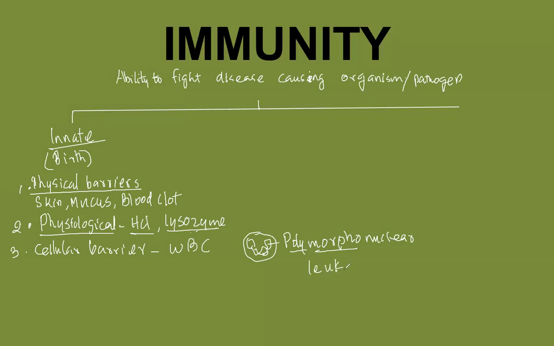What's the meaning of leukocytes? White blood cells. Poly means many. Morphologically, there are many lobes in the nucleus. So it's called polymorphonuclear leukocytes. Means white blood cells in simple terms.